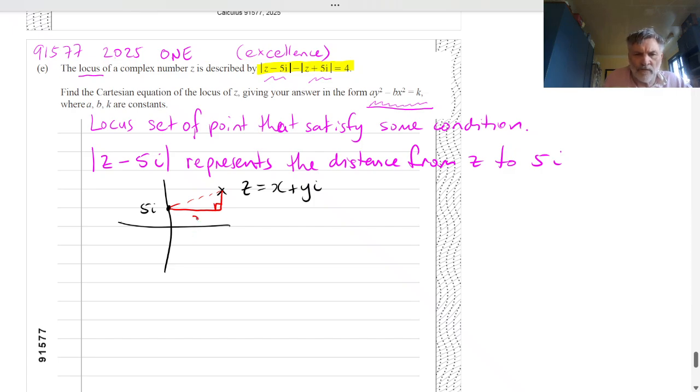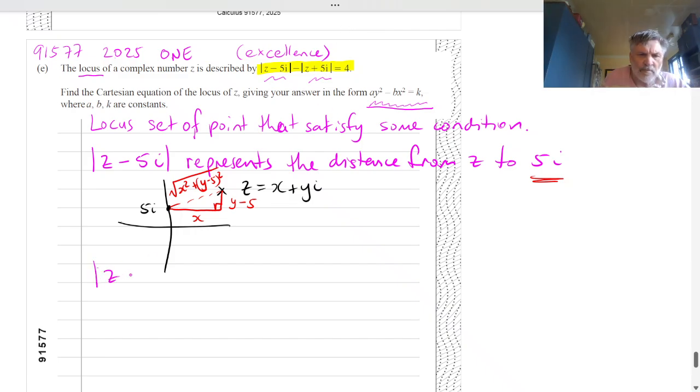So we've got a distance x along the x-axis, and we've got a distance y take away 5 on the imaginary axis, and that means that we would get x squared plus y minus 5 squared. The square root of all of that will tell us this distance. So any formula of this form represents a distance from some complex number.